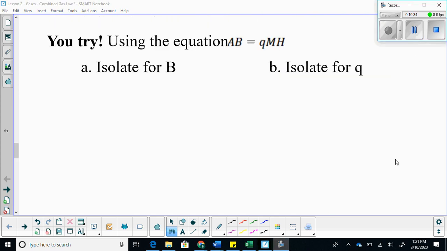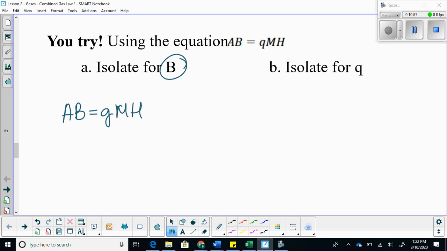Okay, we're going to try it with one more equation. I'm going to do one with you, and then you will isolate for Q on your own. We are now isolating for capital B in this equation. AB is equal to Q capital M H. There are no denominators.